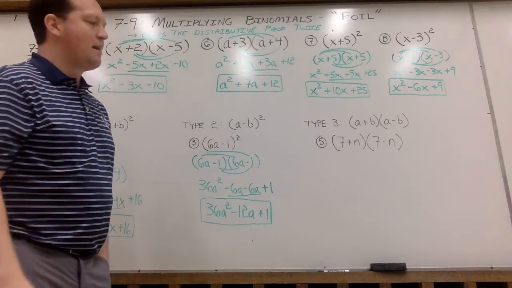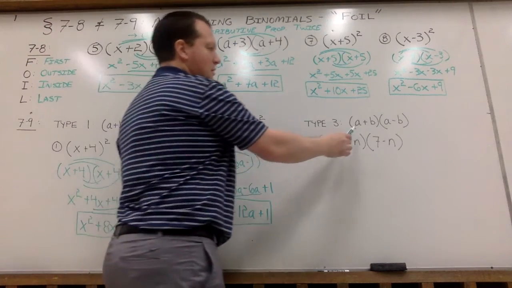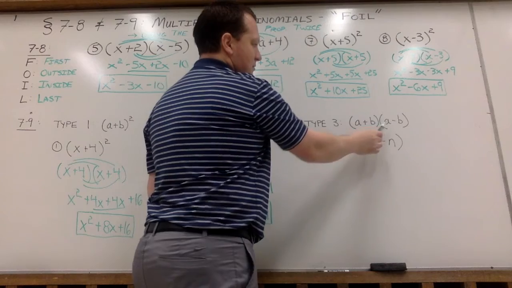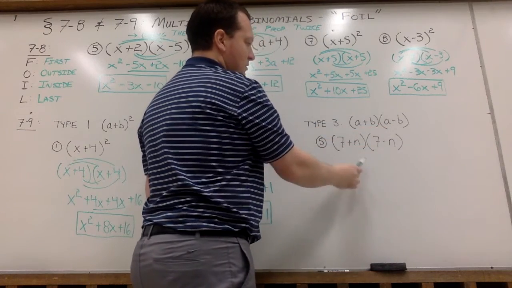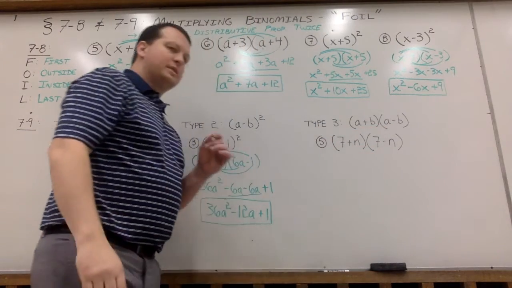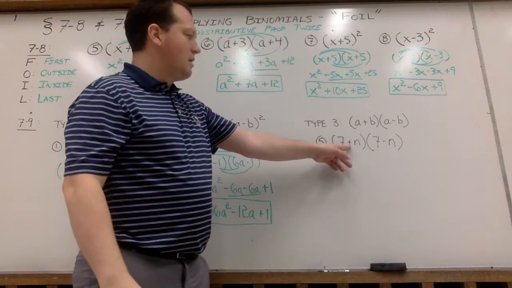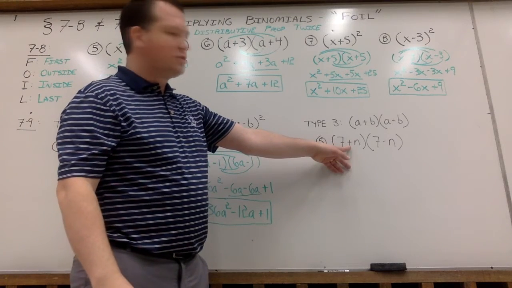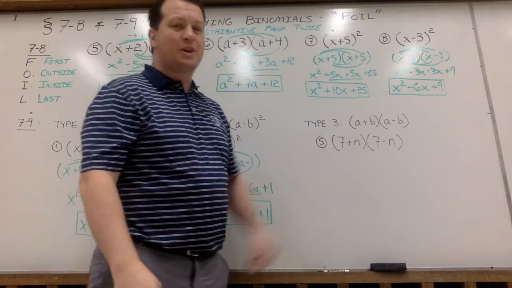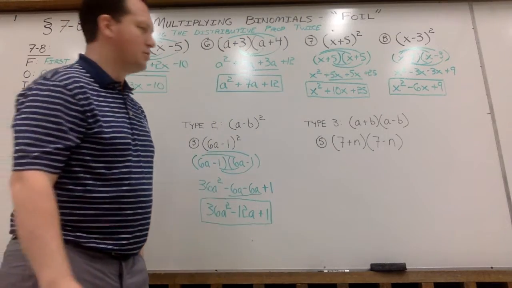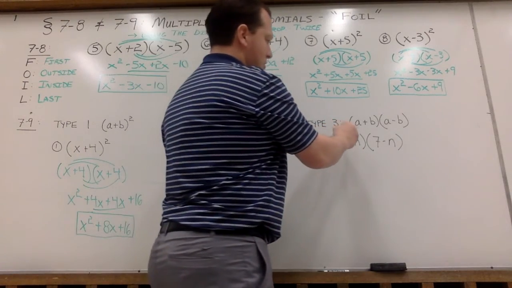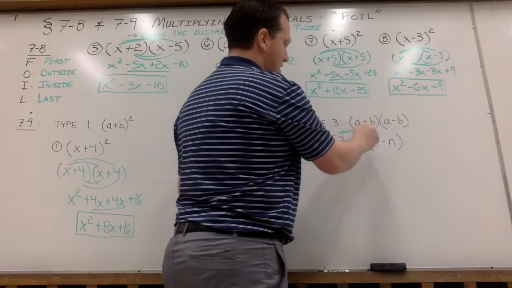All right, our last special type here with example 5. This is when I have identical terms, 7 and n, 7 and n. The only difference here is one has addition between the first two terms and one has subtraction between the second two terms. All right, so here's what happens in this case.